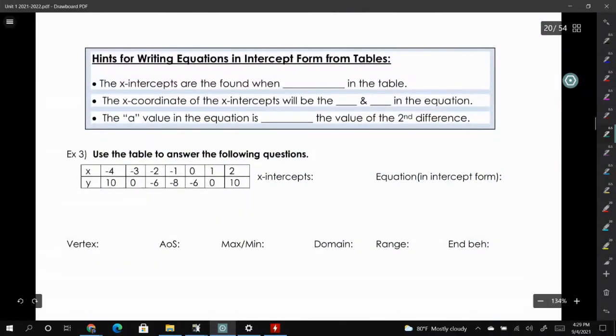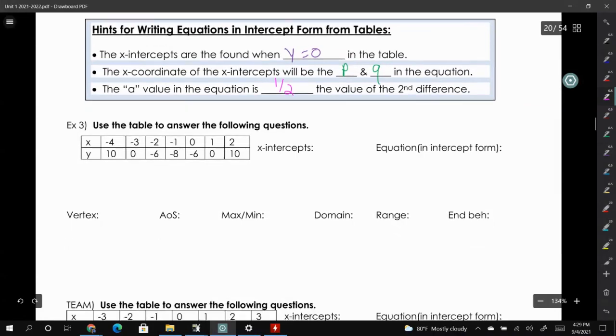Now, the last thing we're going to do is write equations in intercept form from the table. In a table, when y is equal to 0, that means you found your x-intercepts. The x-coordinates of the x-intercepts will be your p and q values. And remember, the a value is 1/2 the second difference.